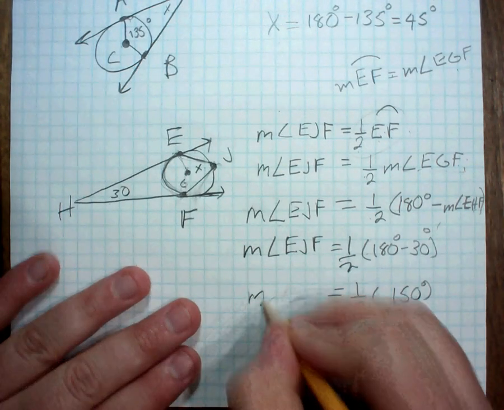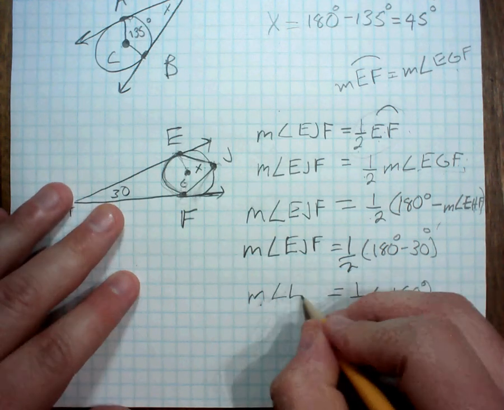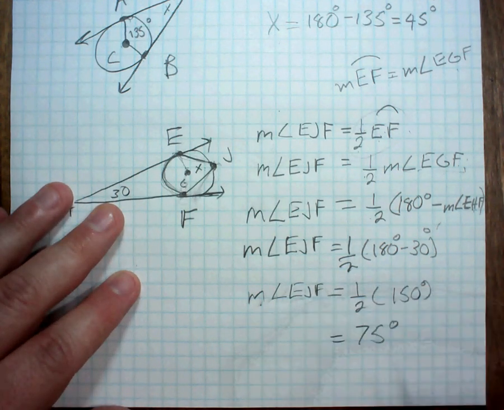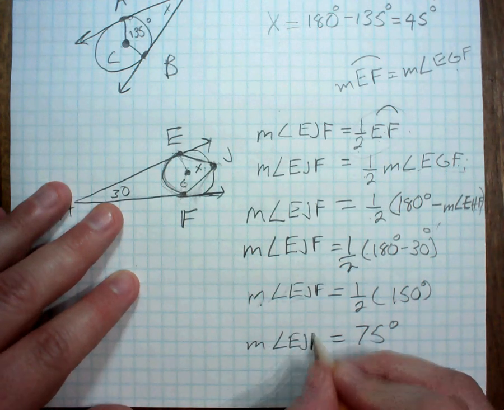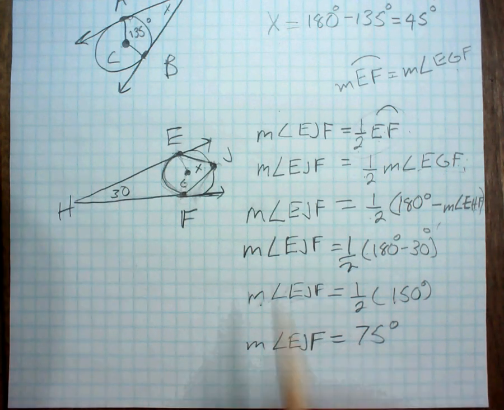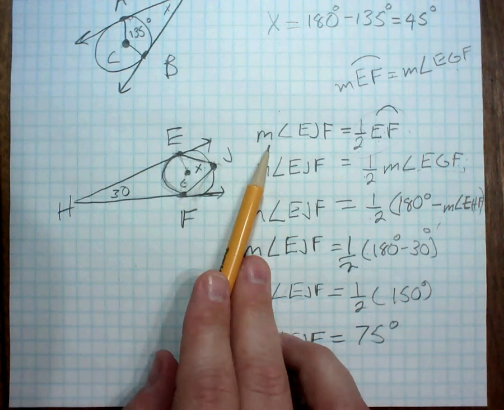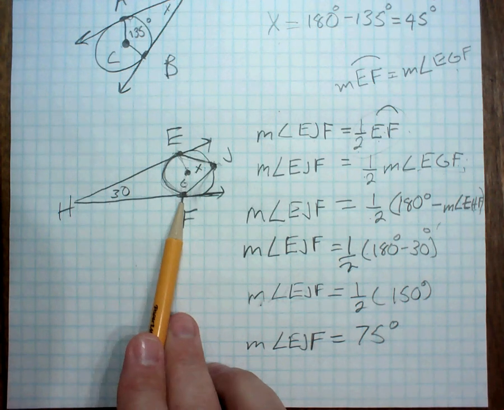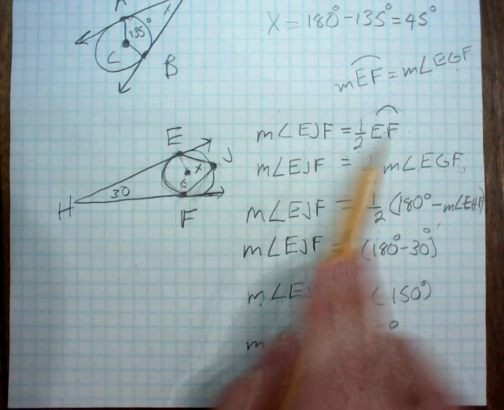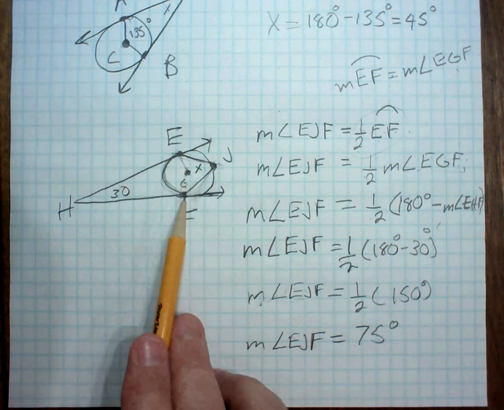I'll recap it one more time because that's a lot of information to process at once. Okay. They want to know what x is. That's the measure of angle EJF. Well, because this is an inscribed angle, that's equal to 1/2 of this arc here.